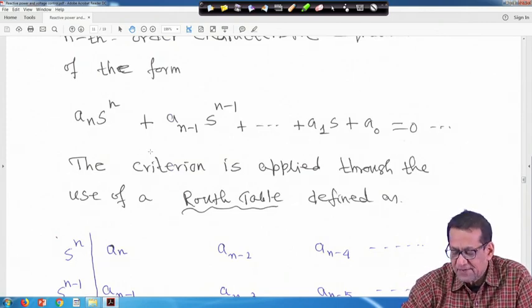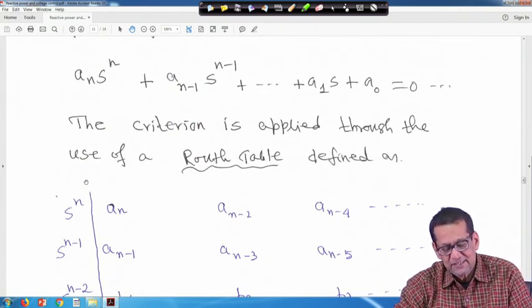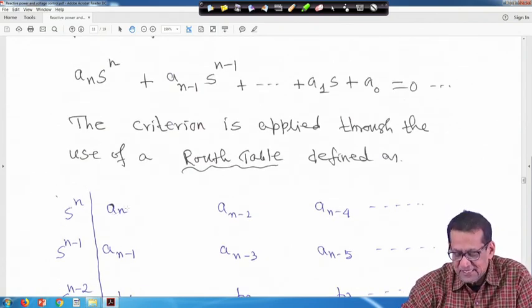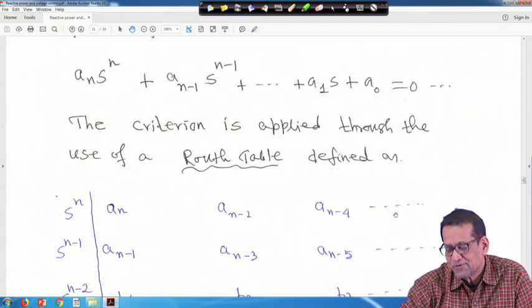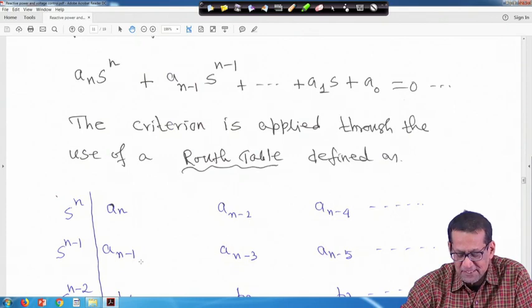The criterion is applied through the use of a Routh table. For s to the power n, the row is a n, a n minus 2, a n minus 4 and so on. Similarly, for s to the power n minus 1, it is a n minus 1, a n minus 3, a n minus 5.